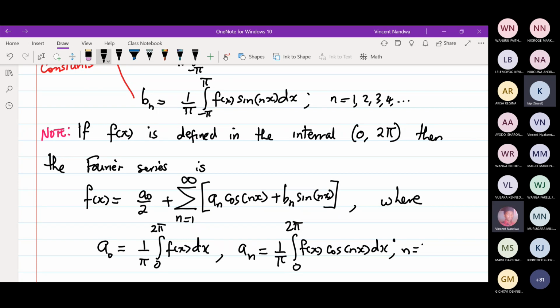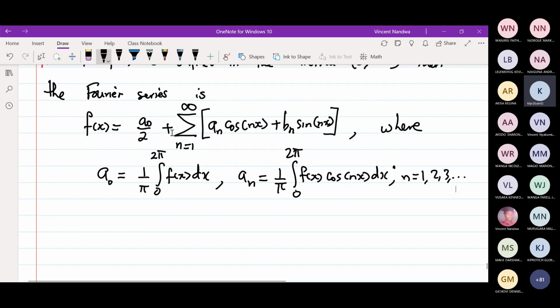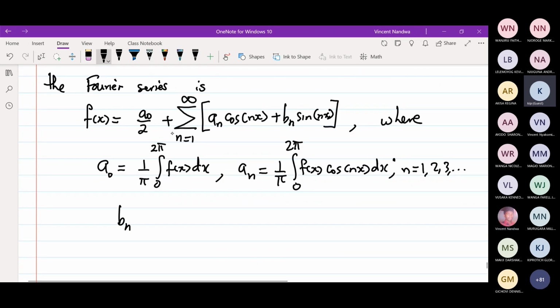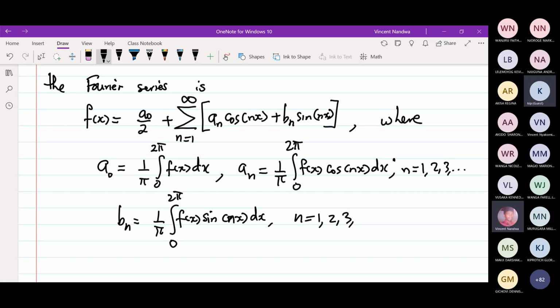So here n starts from 1, 2, 3, etc. And bn is 1 over pi integral 0 to 2 pi of f of x sine of nx dx. So n is 1, 2, 3, etc. So exactly the same thing, only the difference is the interval of integration.